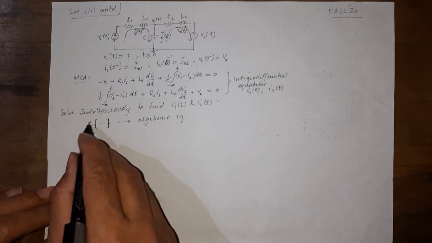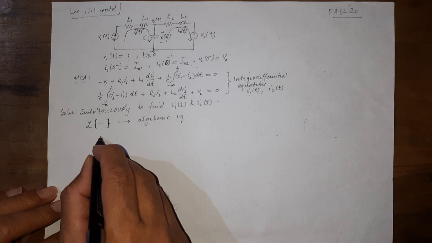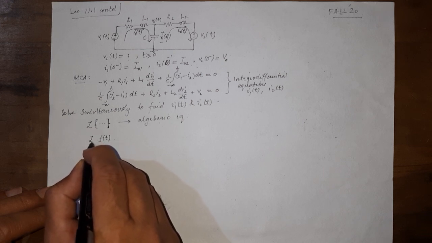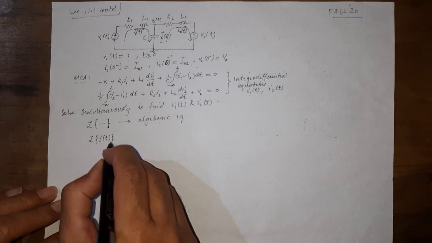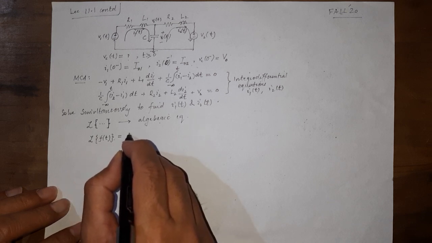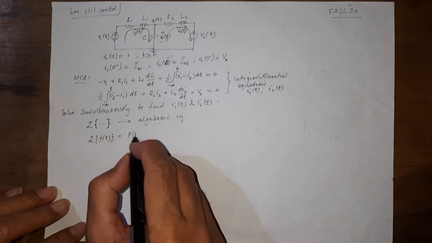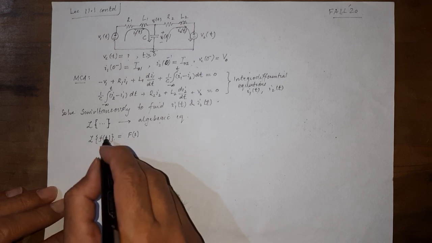So suppose this operation on a function of time results in another function. This is small, this I am writing as capital to signify, just like phasor.